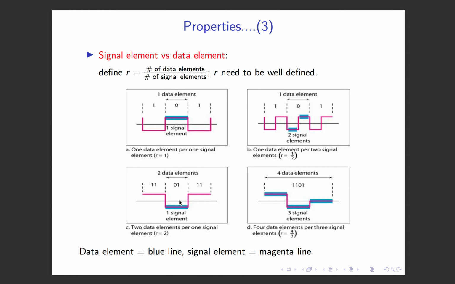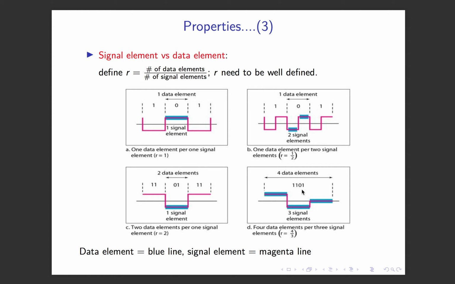Here a single signal element codes two data elements. That means one signal element represents 2 bits. And in the last one, 4 data elements are combined into 3 signal elements.